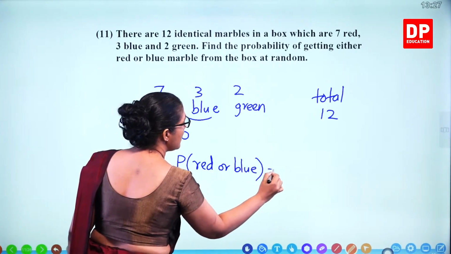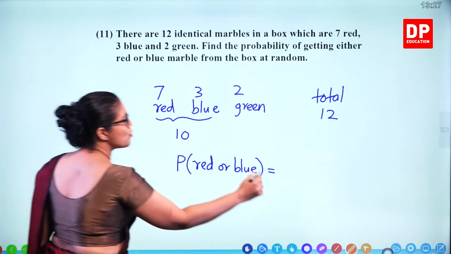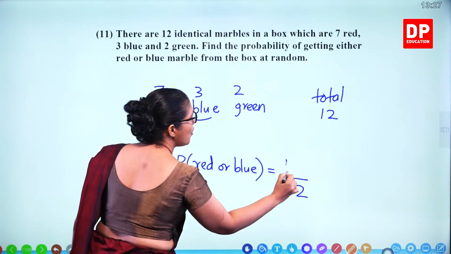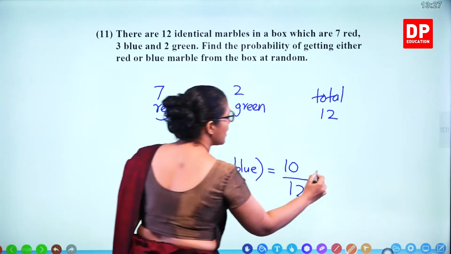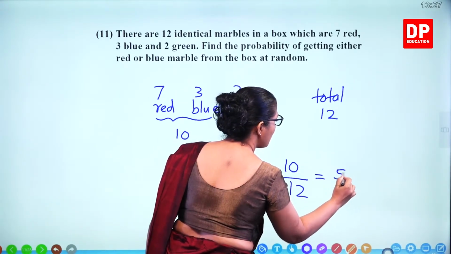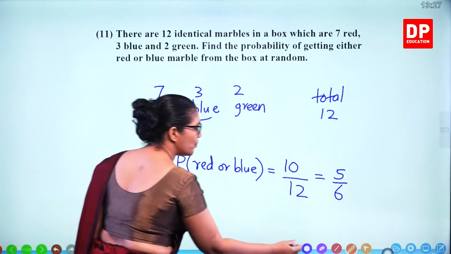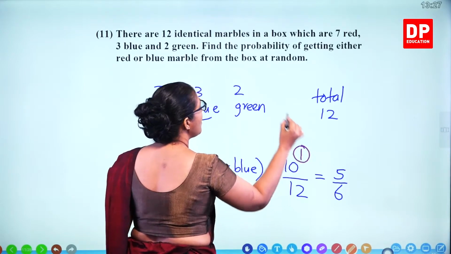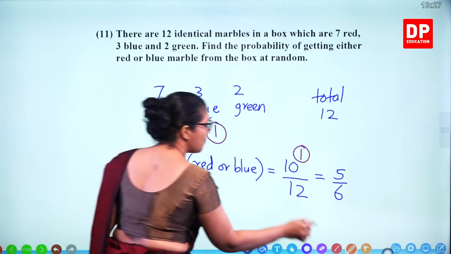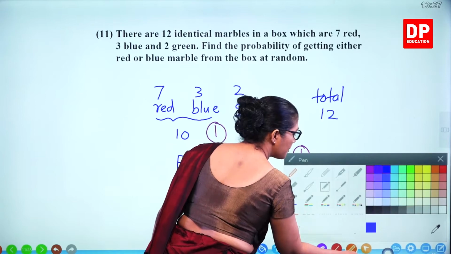Out of the total 12, 10 possibilities are there. So 10 over 12. Or you can simplify and write 5 over 6. So 2 marks, 1 mark for the method and 1 mark for the accuracy.